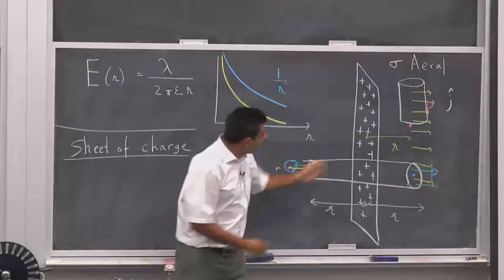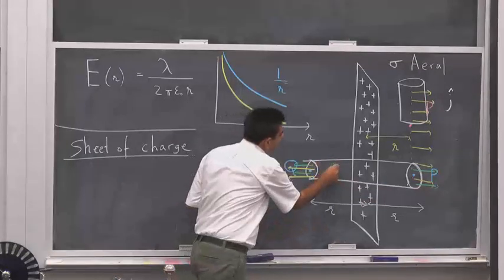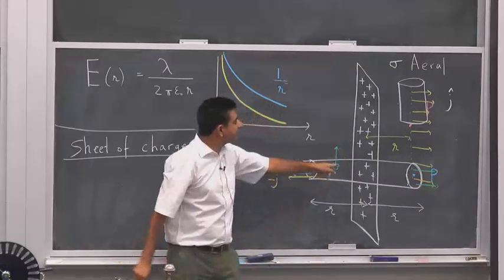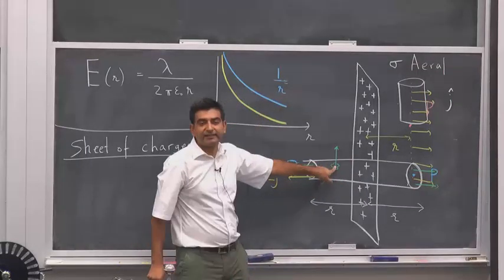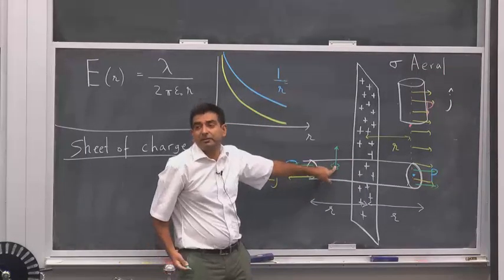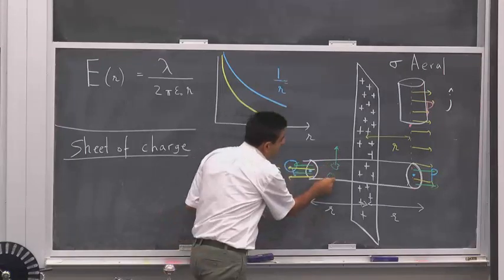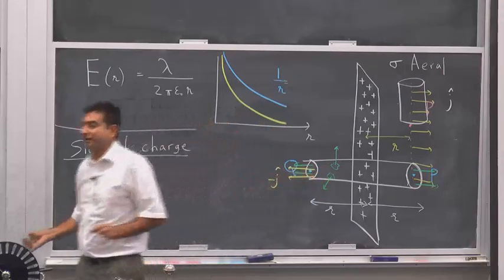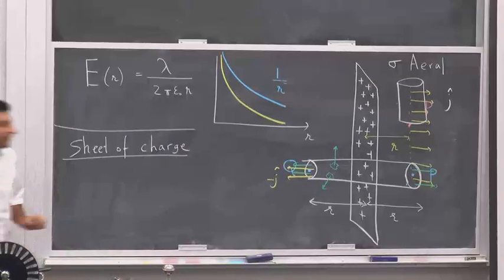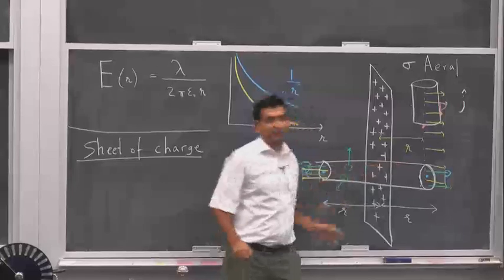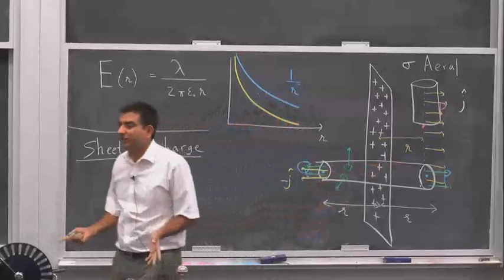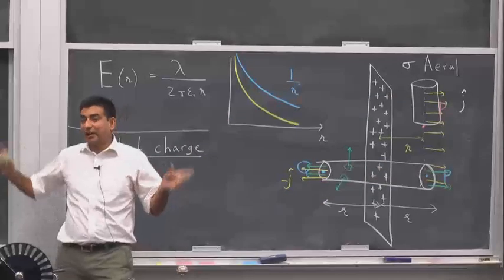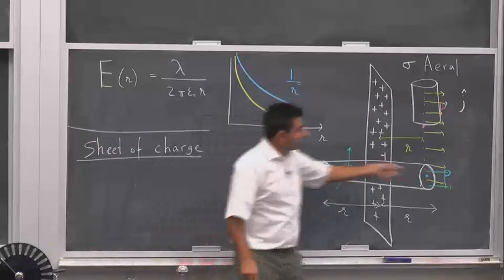And what about if I draw a small patch here and I draw a unit normal, what is the relative angle between the electric field at this point? I take any point on this curved surface. The curved surface is always normal to the electric field. So if I take a dot product on the curved surface, locally it's going to be 0. The only contribution is going to come from the end caps.